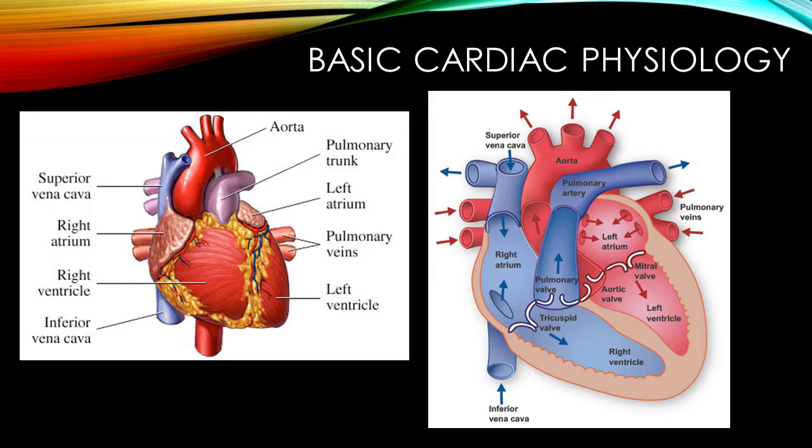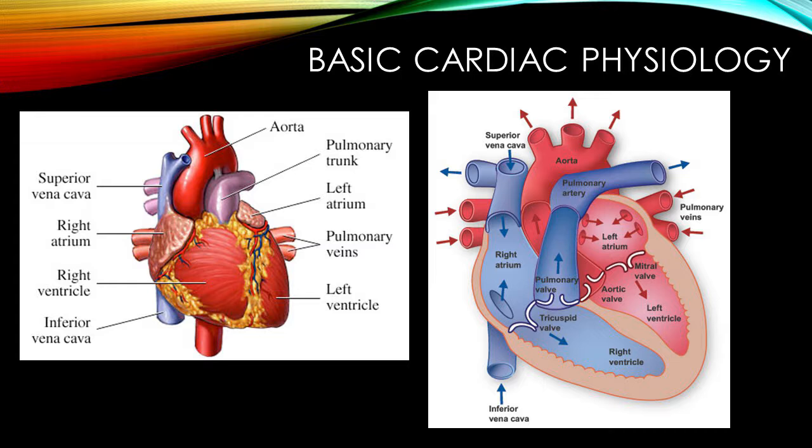The right ventricle is the main pumping chamber on the right side of the heart. From the right ventricle then, the blood travels to the lungs, where it picks up oxygen. It then returns through these pulmonary veins to the left side of the heart and goes into the left top chamber, the left atrium, and then down into the left ventricle, which is the main pumping chamber for the left side of the heart.